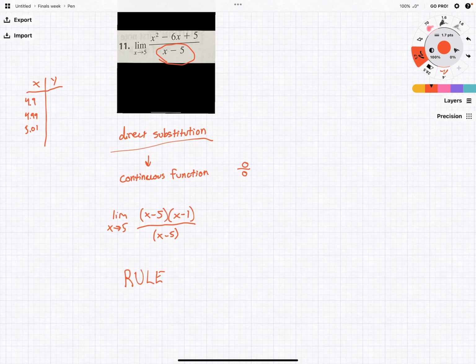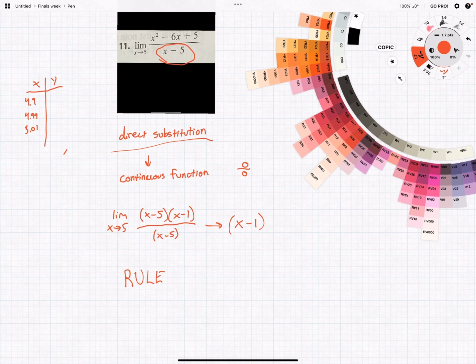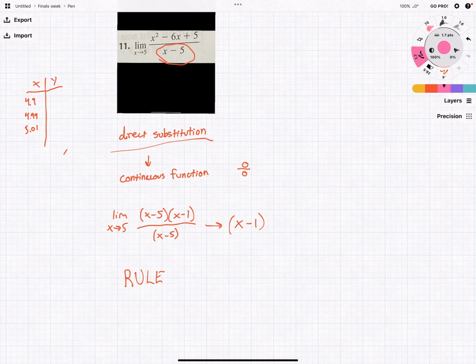So that's the big idea, and I know it can be a little bit weird, but if we do some simple algebra, we find that the x minus 5s cancel, and we just get x minus 1. So what does this mean? This means that our function behaves like x minus 1 at all points except for x equals 5.